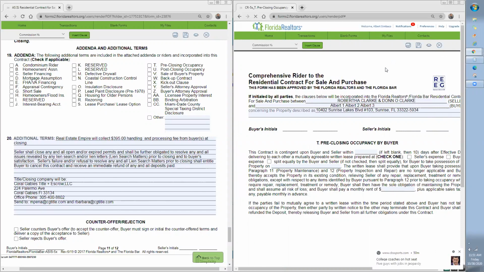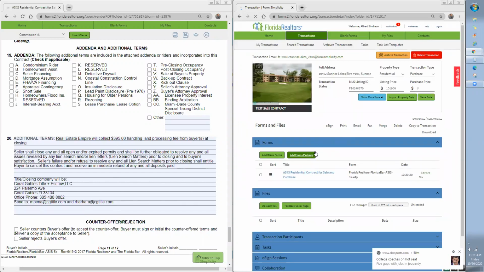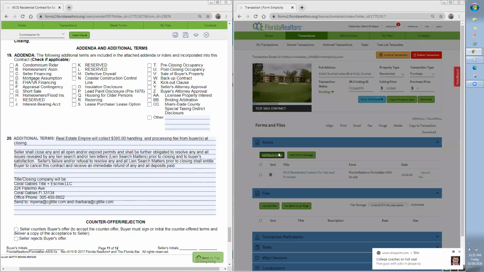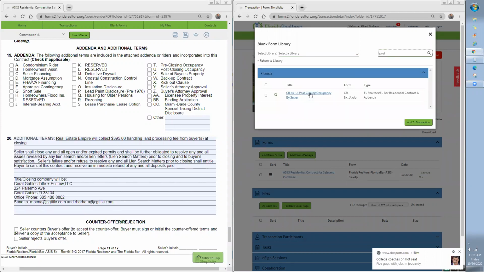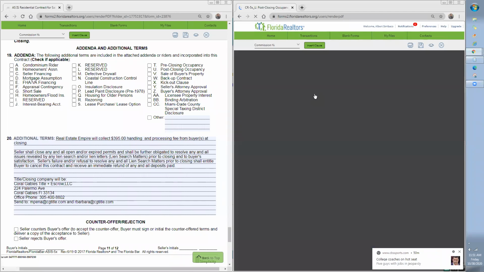Okay, so the next one is the same thing, which is the post-closing occupancy. But if pre-closing occupancy is for the buyer, what do you guys think the post-closing occupancy is for? Seller. For the seller, correct. Yeah. So the seller is going to sell his house, and vice versa.